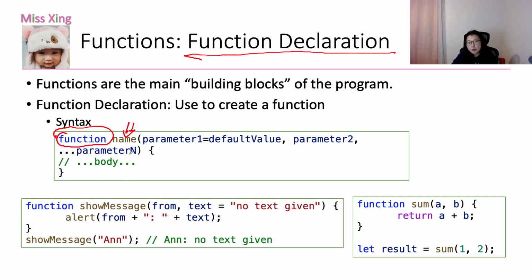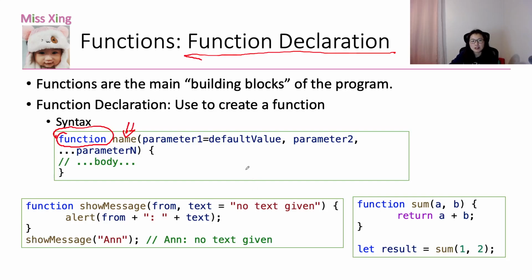For the function name, normally we use a verb plus a noun, like showMessage, getName, setName, where the first word is a verb, because functions are kind of like behaviors, they do some actions.